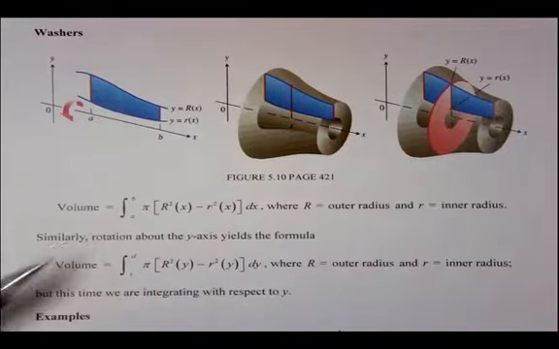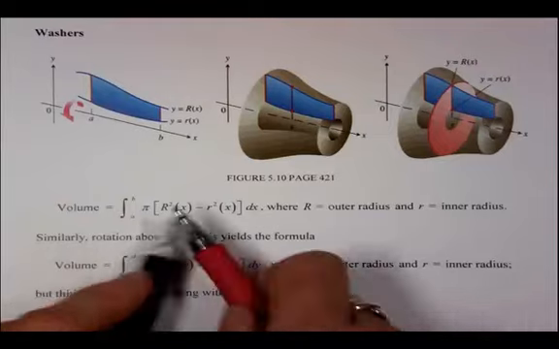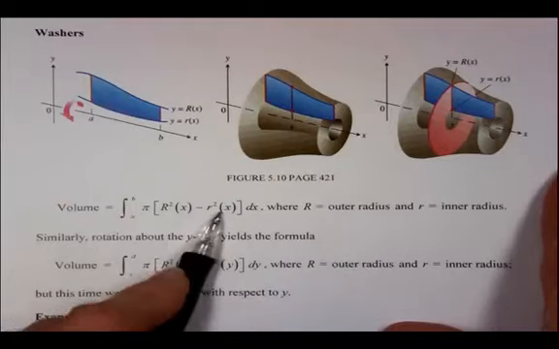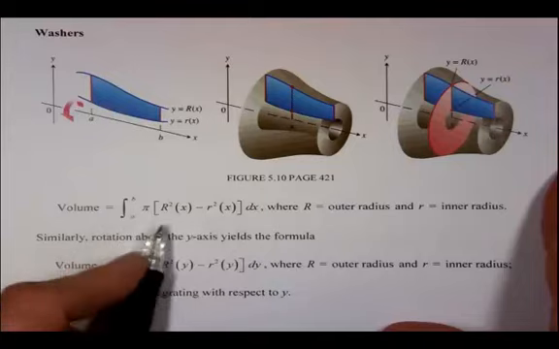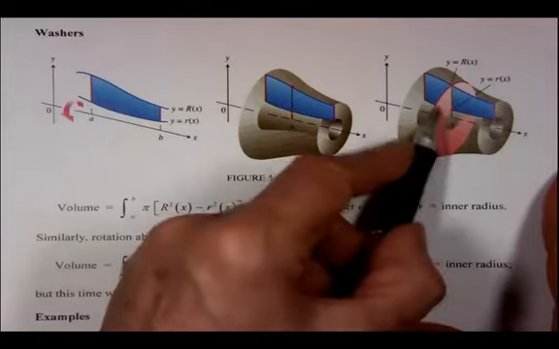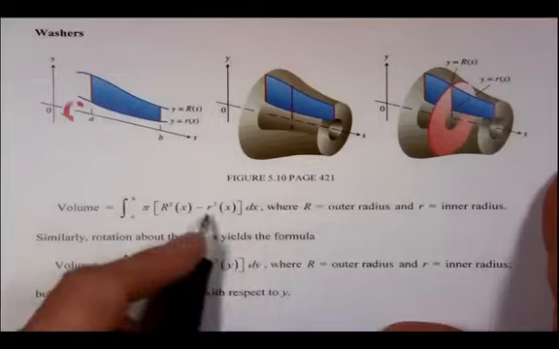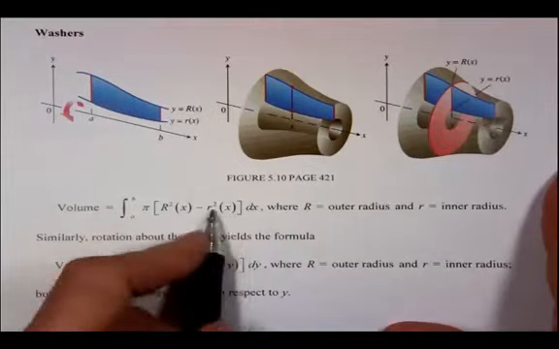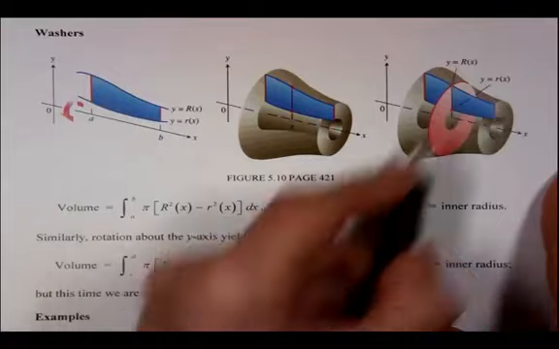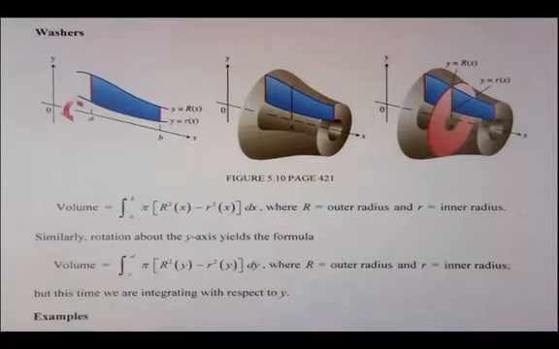So that's what we've got here: pi R squared minus pi r squared. Pi big R squared, where big R is the radius of the large circle, minus, because everything has a hole in it, pi r squared, where little r is the radius of the inside.